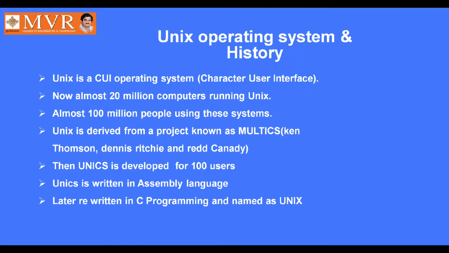It is the project which was developed to meet this aim. But the problem with Multics is, we are saying that it can share the same data by n number of users, but the n value is nothing more than 2. So by using this Multics project, only 2 users can share the same data at the same time.